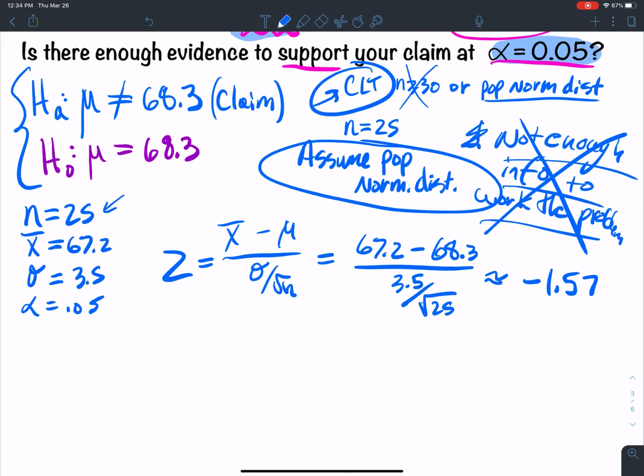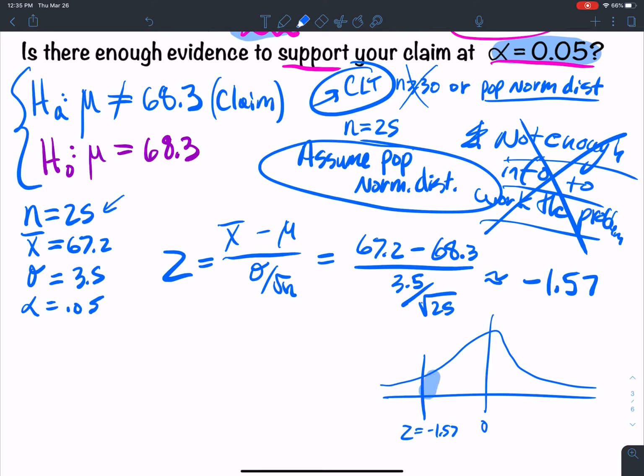Now I need to go and draw my picture. What's in the middle? Zero's in the middle. What type of test do we have going on here? Am I shading to the right or am I shading to the left? Just because it's on the left side doesn't mean necessarily that I shade to the left or to the right. What type of test?